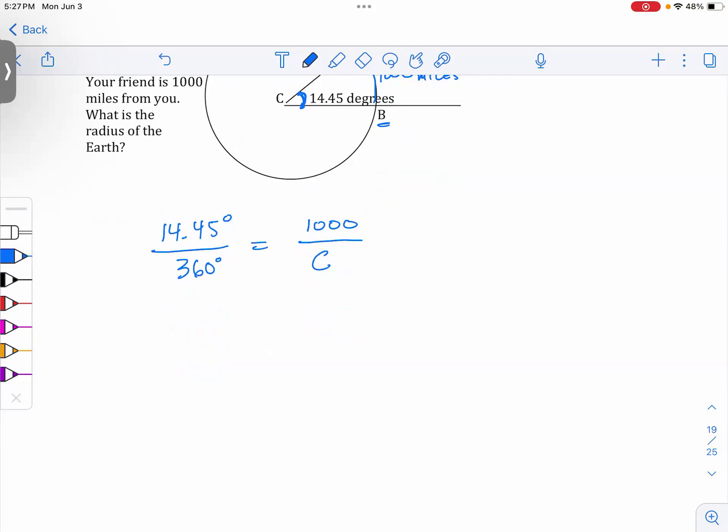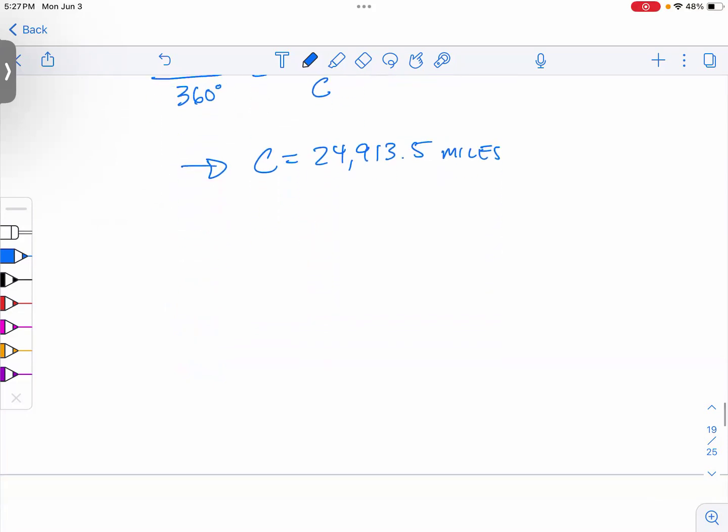And then I can solve this down, ratios, cross multiply, and then solve for C, which gets me 24,913.5 miles. And then using the circumference of a circle is 2 pi r in order to find the radius of the Earth.